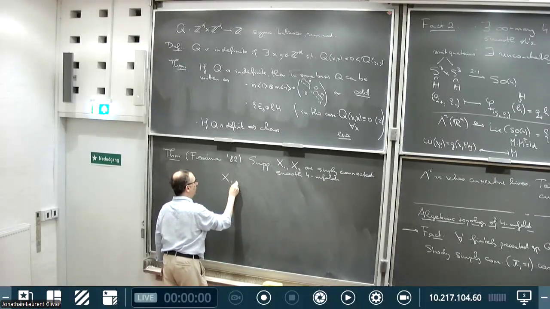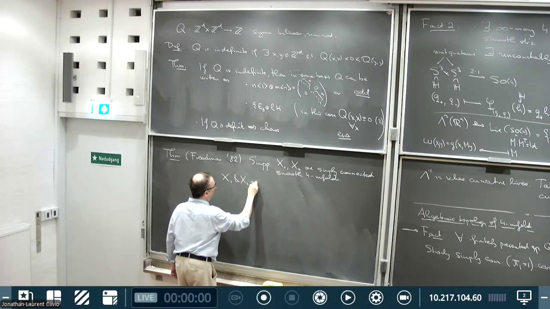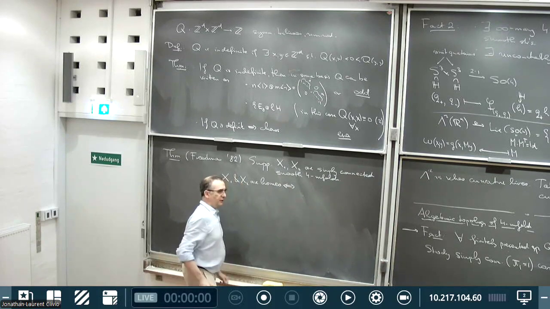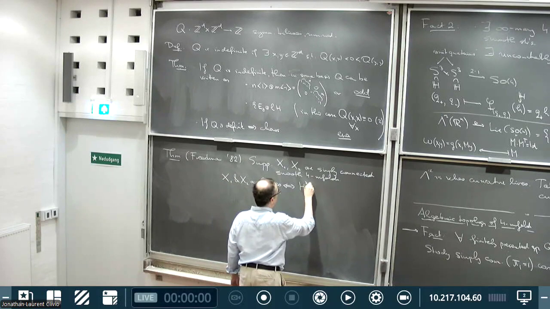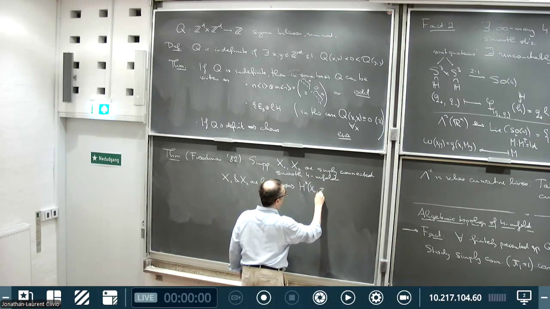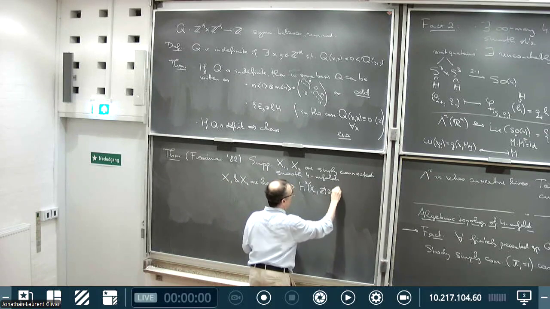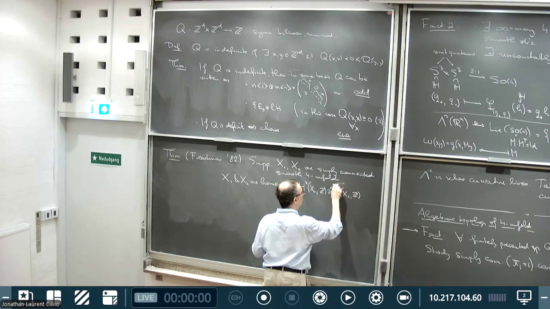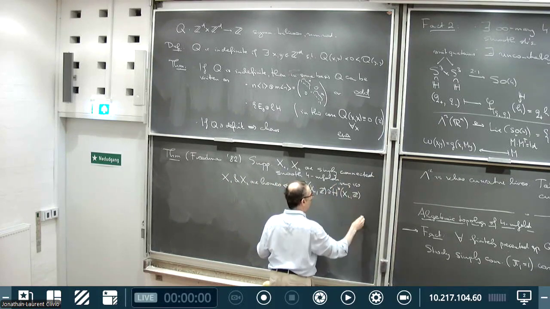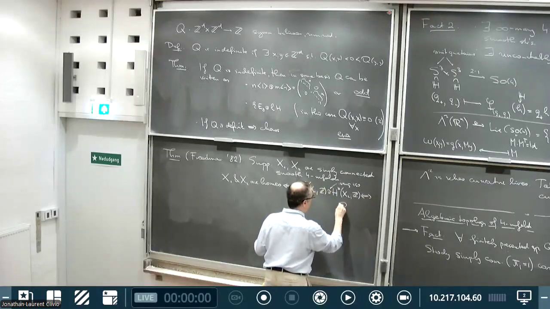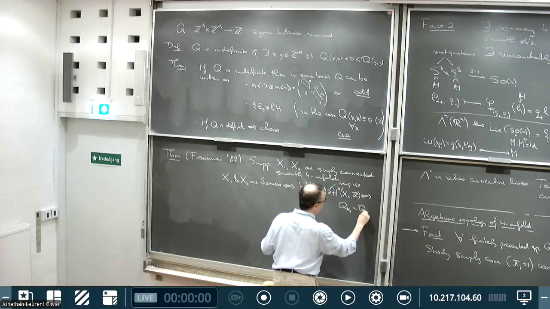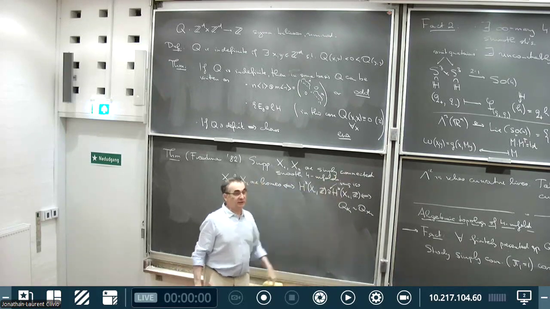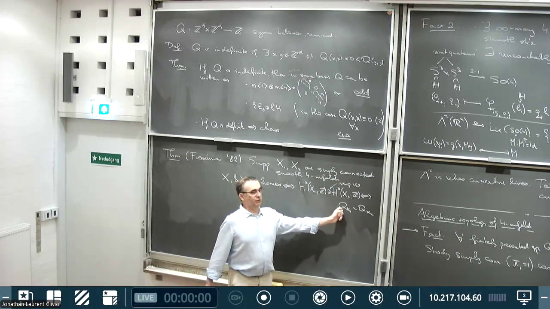Then X1 and X2 are homeomorphic if and only if their topology rings are isomorphic. So this is a ring isomorphism, which is just the same as to say that the intersection forms are isomorphic. This is the only information from the ring structure after the assumed simple connectivity.